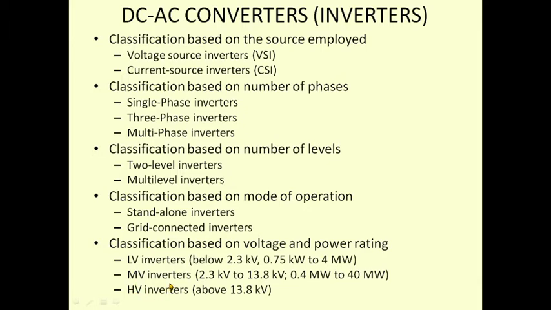Then we can classify on the basis of voltage and power rating: low voltage, medium voltage, and high voltage inverters. As I said, we will see later on. Below 2.3 kilovolts it is a low voltage inverter; 2.3 kilovolt to 13.8 kilovolts is a medium voltage inverter; and above 13.8 kilovolt it is a high voltage inverter.